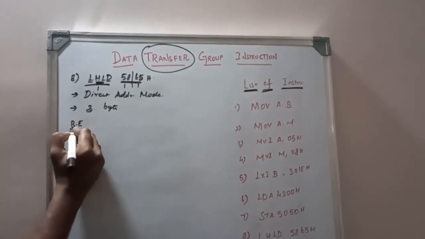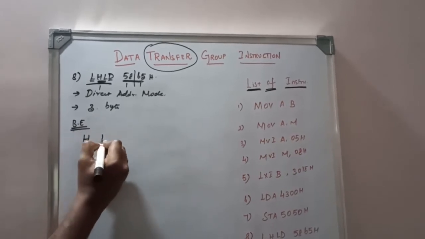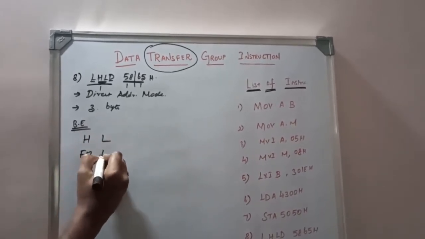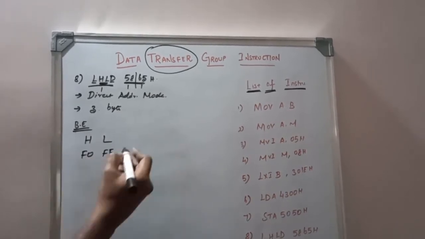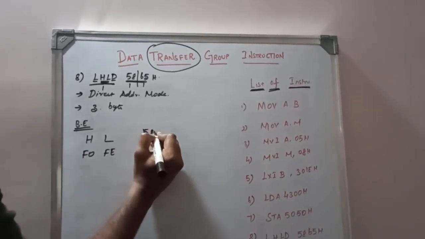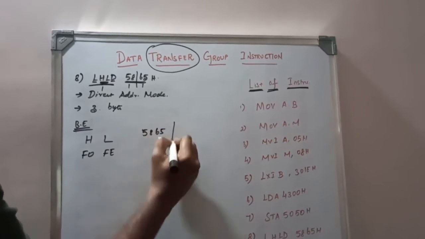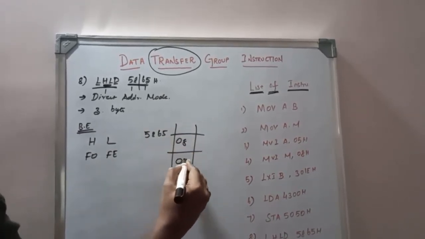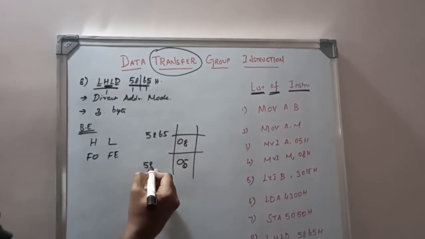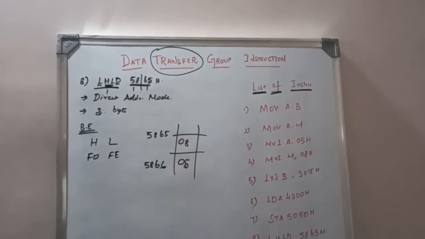Before execution of this instruction, the HL pair holds F0 FE. The memory location 5865 holds 08 and 5866 holds 05.